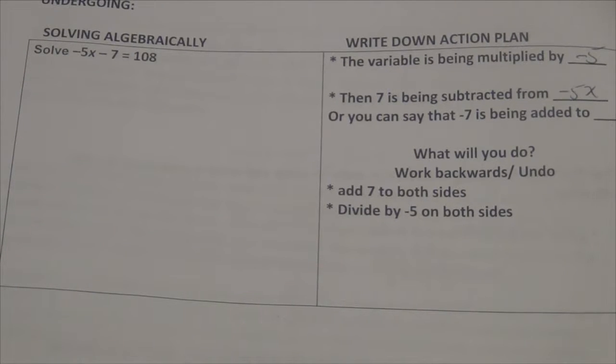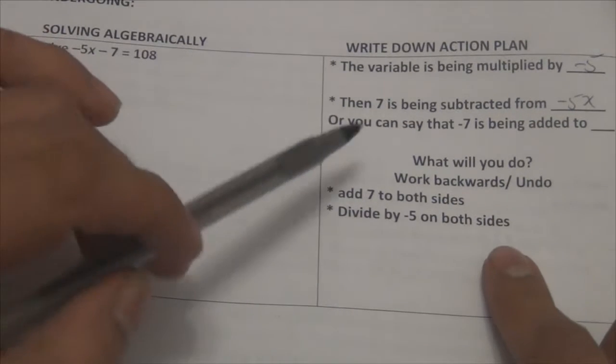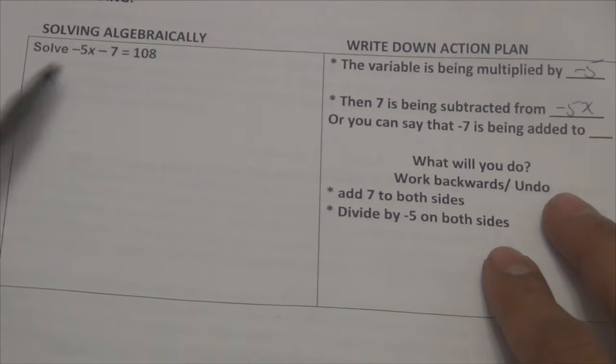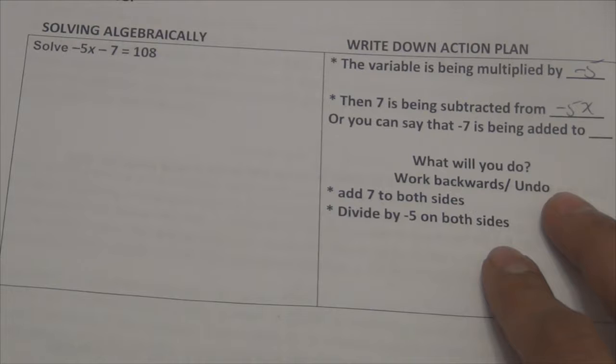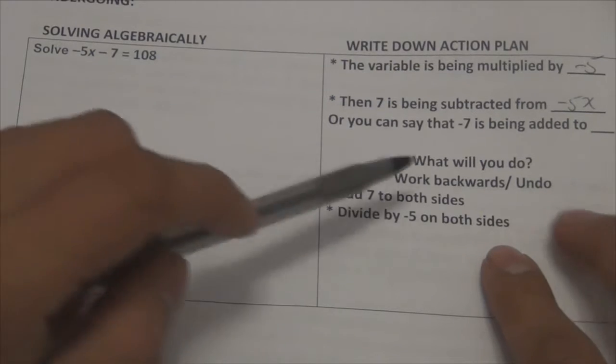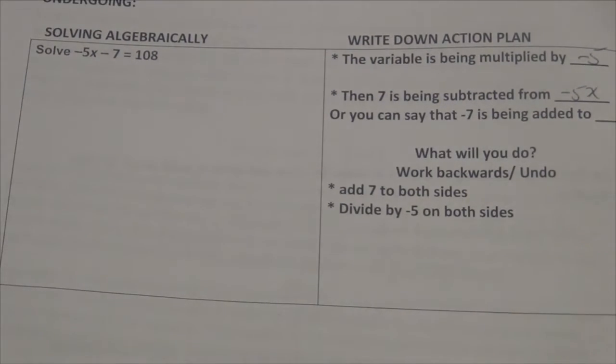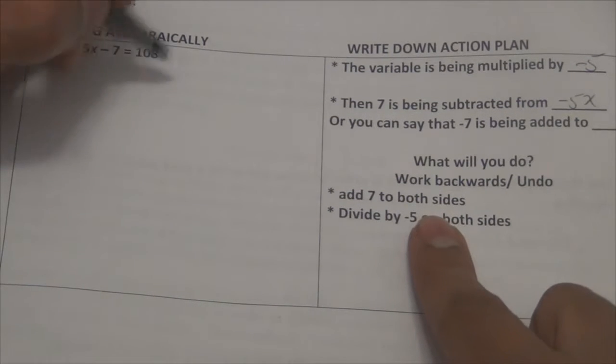Alright, where was I? So this is a summary of what's going on. Then what will you do? Work backwards, undo. We spoke about it. So what am I gonna do? Add 7 to both sides.